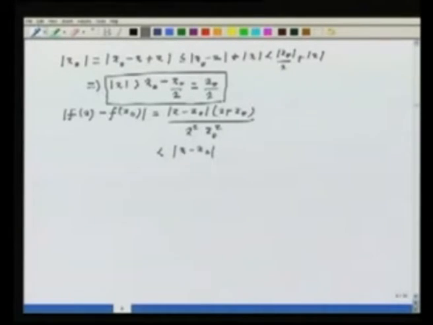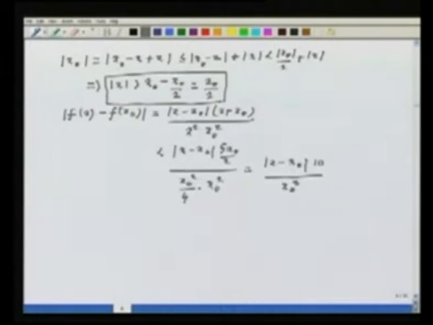I will just keep it in the above form, and I know from the previous work that x plus x naught is less than 5x naught by 2, and in the denominator what I am going to use is that mod x is bigger than x naught by 2. That means 1 by x square is less than 4 by x naught square. So what I am going to use here is 4 by x naught square, and there is one other x naught square remaining here. What I get then is mod x minus x naught, which is intact, times 10 divided by x naught cube.